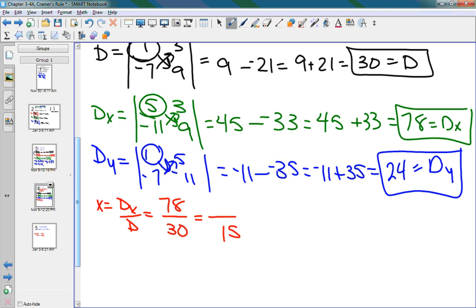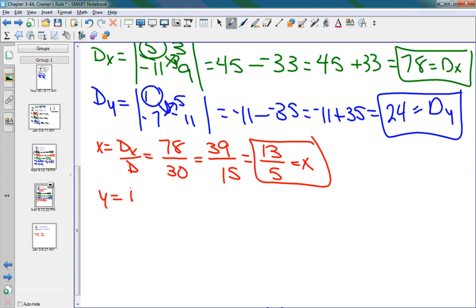Look at that, we knew that one right away. What's 78 divided by 2? 39. Now what do they both have in common again? 3. So what's 39 divided by 3? 13 over 5. Do you see how you took this one step at a time to reduce rather than grabbing a calculator right away? Sometimes you gotta walk really slow instead of running, right?